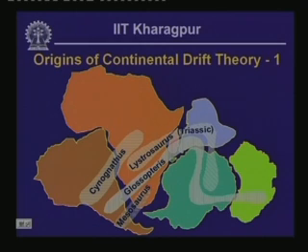So the hypothesis began that maybe way back in the geologic history, these land masses were indeed connected to each other, and these plant and animal species could be present over parts of the land mass which later on got separated from each other.